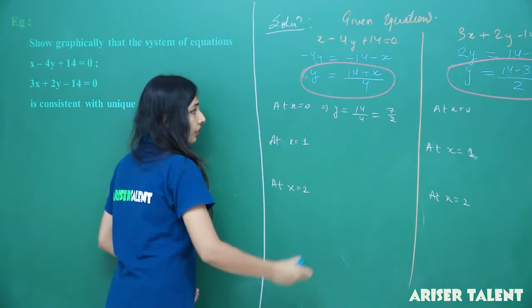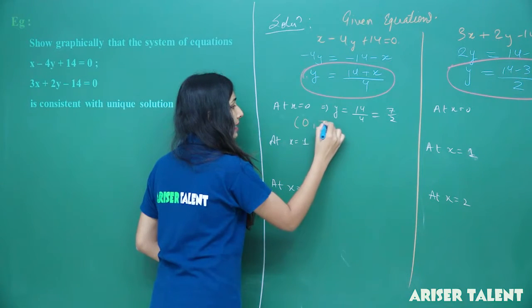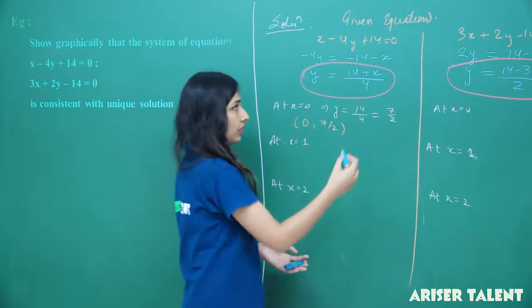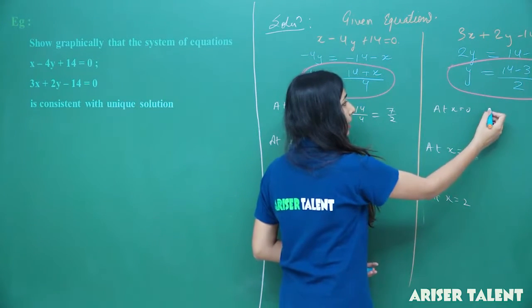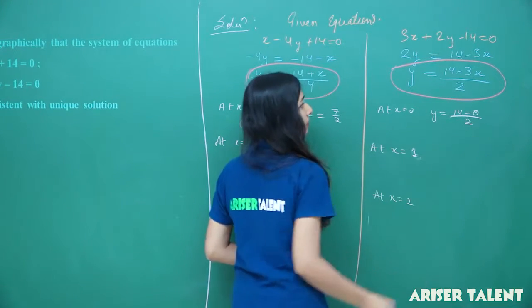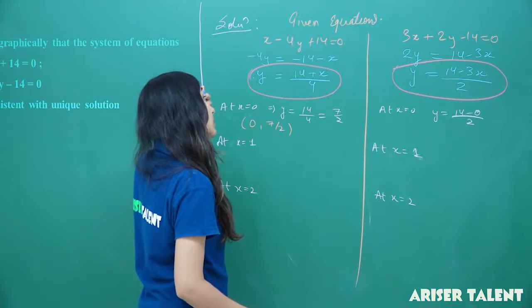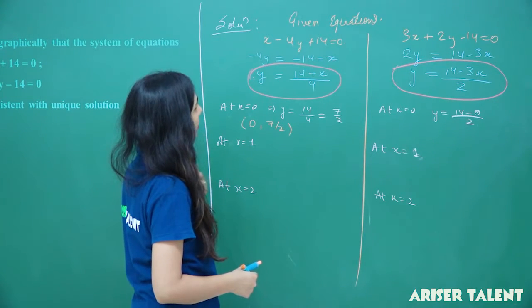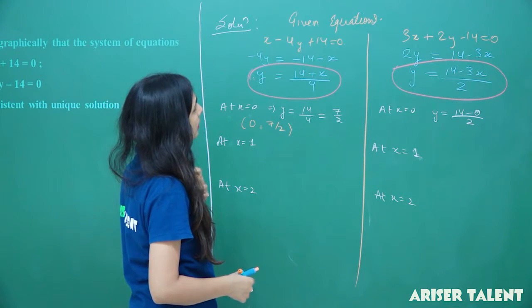So now that will be 0 and 7 by 2. Now if I am going with this, that will be y equals to that is right there. Okay, we don't need to move forward, isn't it?